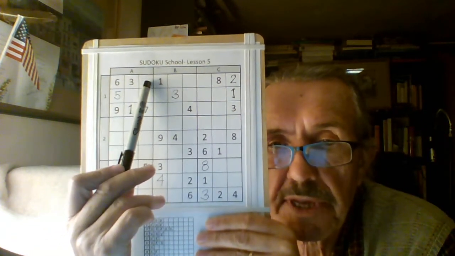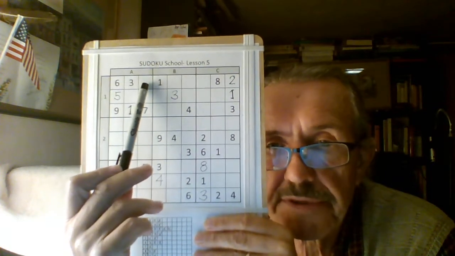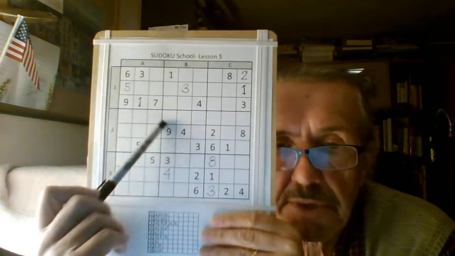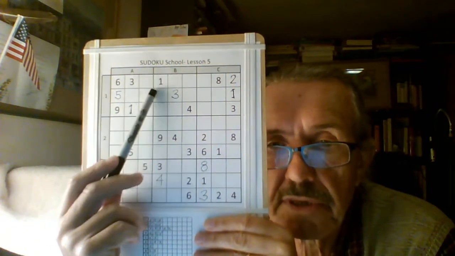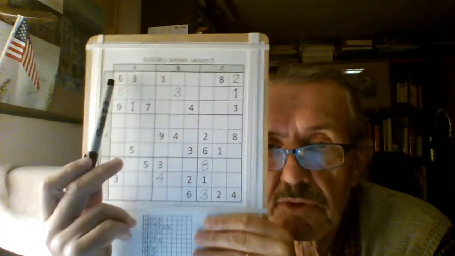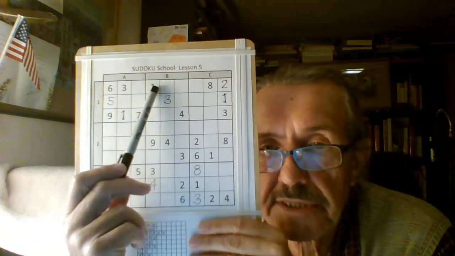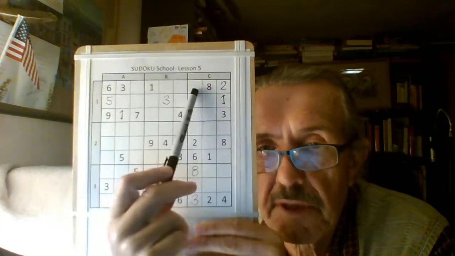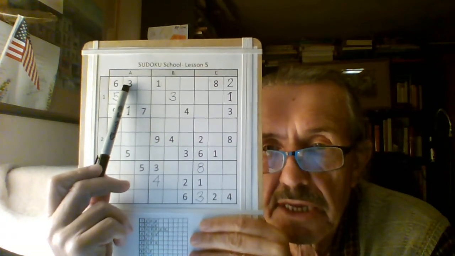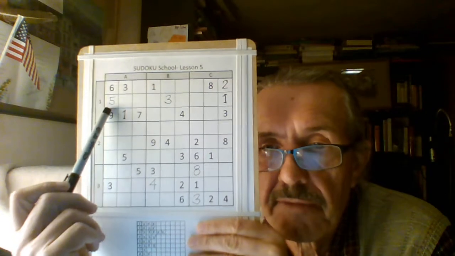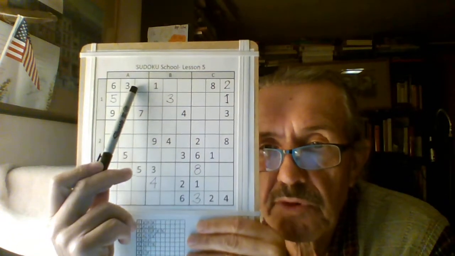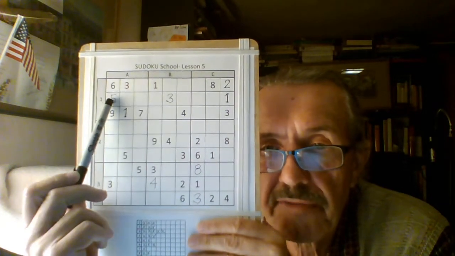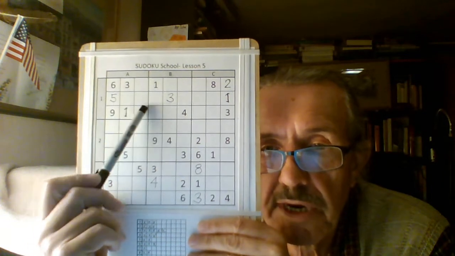We are going to eliminate numbers which can't be on this location, because of rows, because of columns, and because they already exist in this square. 1 already exists in this column and this row. 2 already exists in this row. 3 exists in this square. 4 is available on this location. 5 already exists in this square.